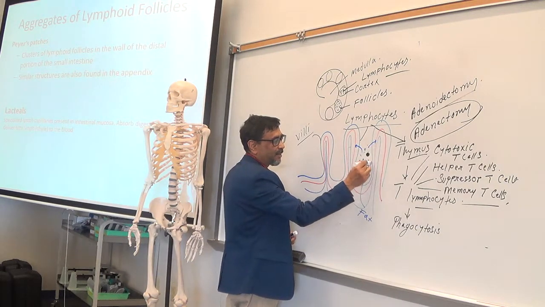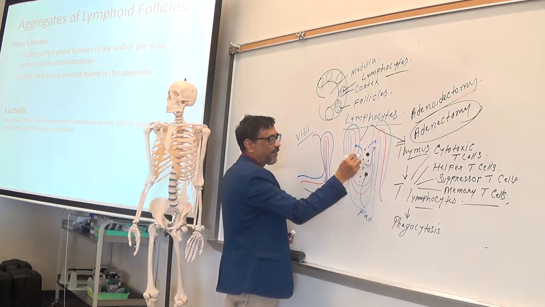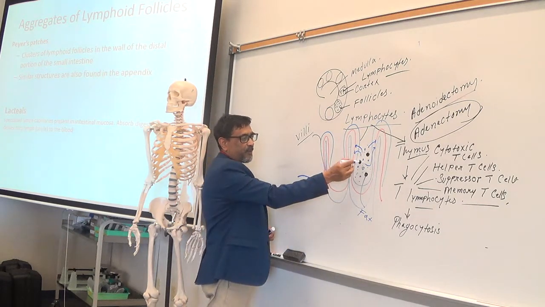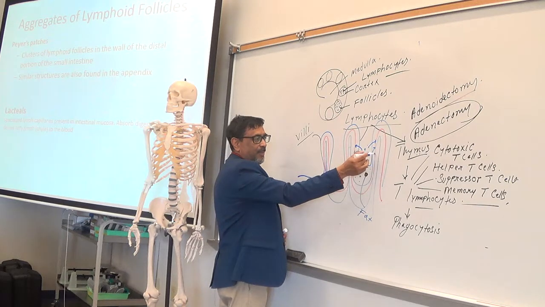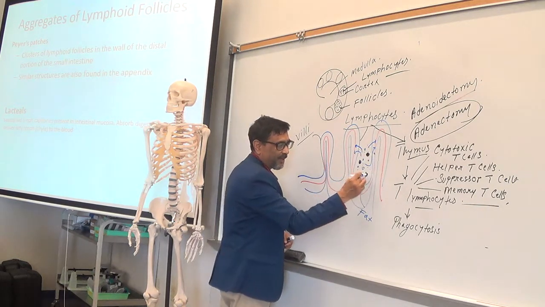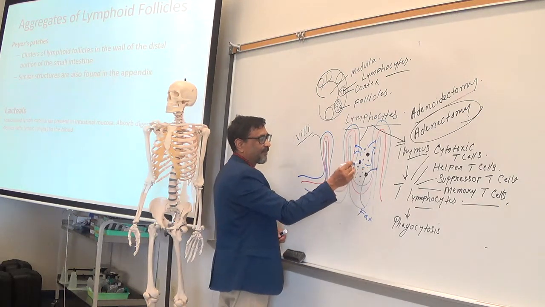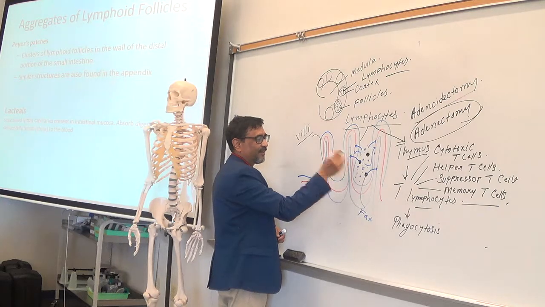because the wall has smaller openings. Large fat molecules cannot enter into the blood capillaries easily. Therefore, they enter into the lymphatic capillaries in the villi.